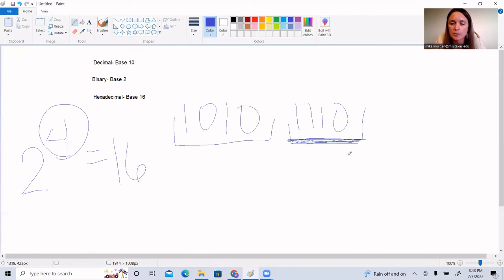Start with place values: 1, 2, 4, 8. What is this number? 8 plus 4 is 12, plus 2 is 14. This is the number 14. How do I represent a 14 in hexadecimal? This is equal to E.